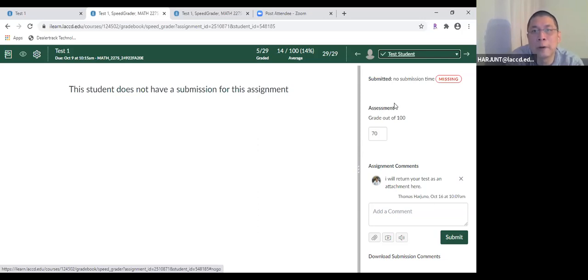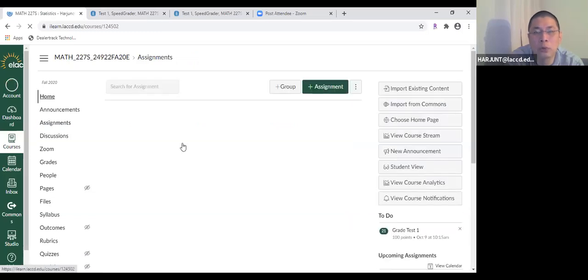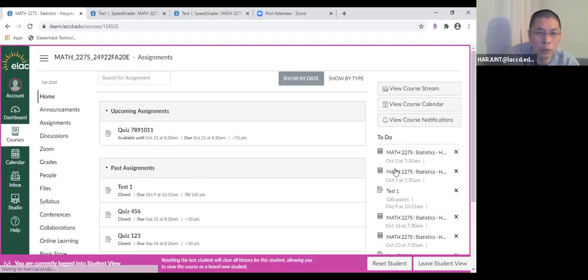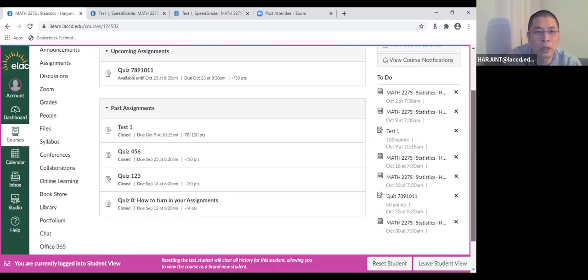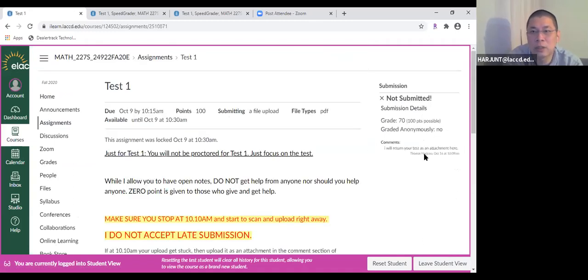Now let's see. I want to show you where I put your returned test. From your point of view it will be like this. Then you can go to, for example, test 1, and see if there's any comment here. When I return your test, it will be an attachment.